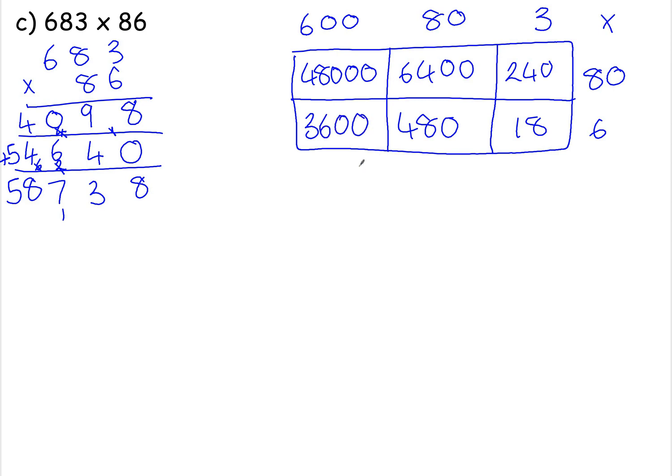Okay, now we add up all of these numbers, making sure that our tower sum is nice and spacious, and that we don't miss any numbers when placing these numbers in our tower sum.